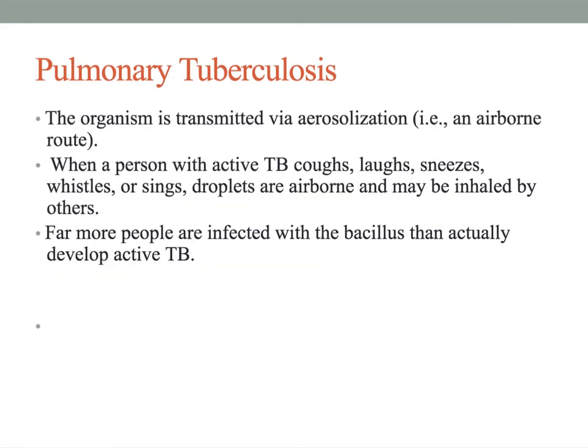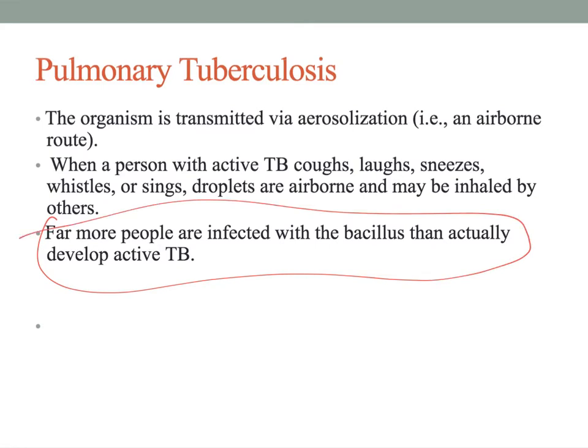And that's why I wanted to go to this slide. This is an important statement here. Far more people are infected with the bacillus than actually develop TB. Some people may have an exposure and never develop an active TB if they have a healthy immune system. They would be a carrier of it. And like I said, they would probably test positive with a TB skin test. It doesn't mean they have TB.